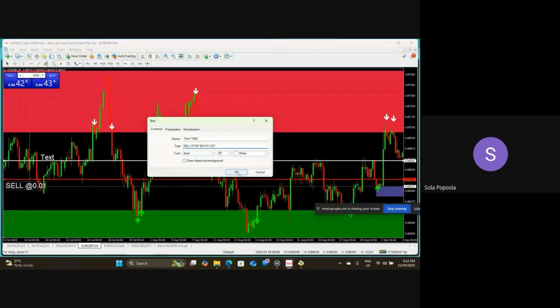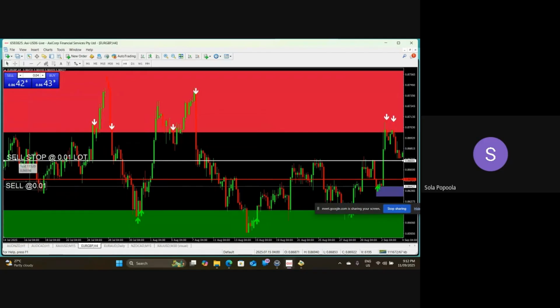We entered here, and we are saying if the market goes against us, then enter another sell at 0.01. We entered the first one at 0.01. Now the market went against us, so it is going to take another sell.